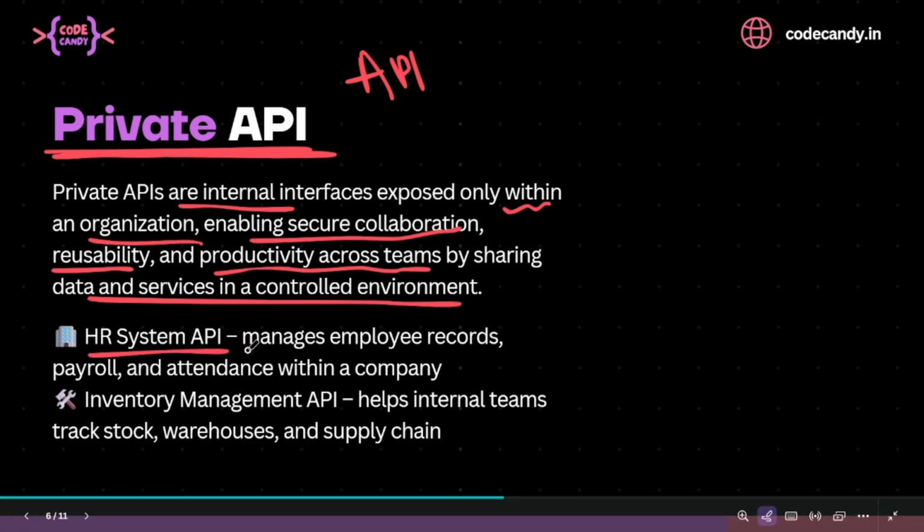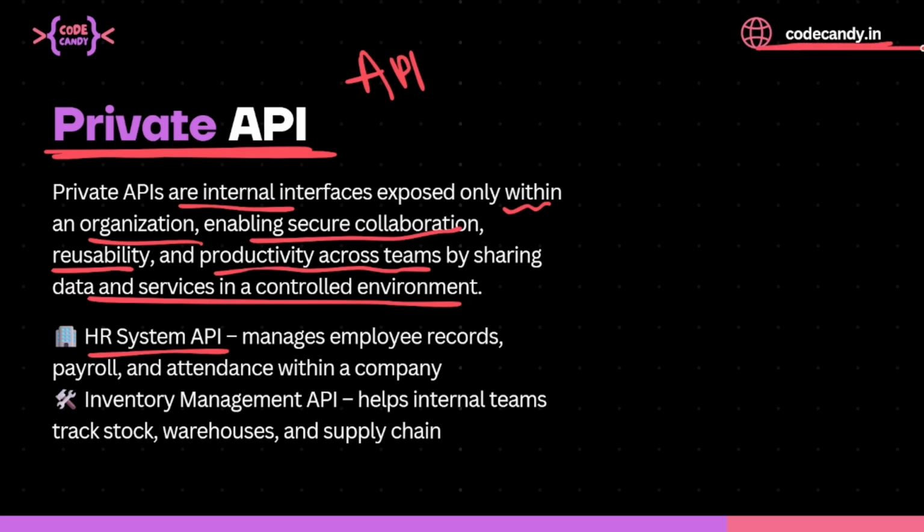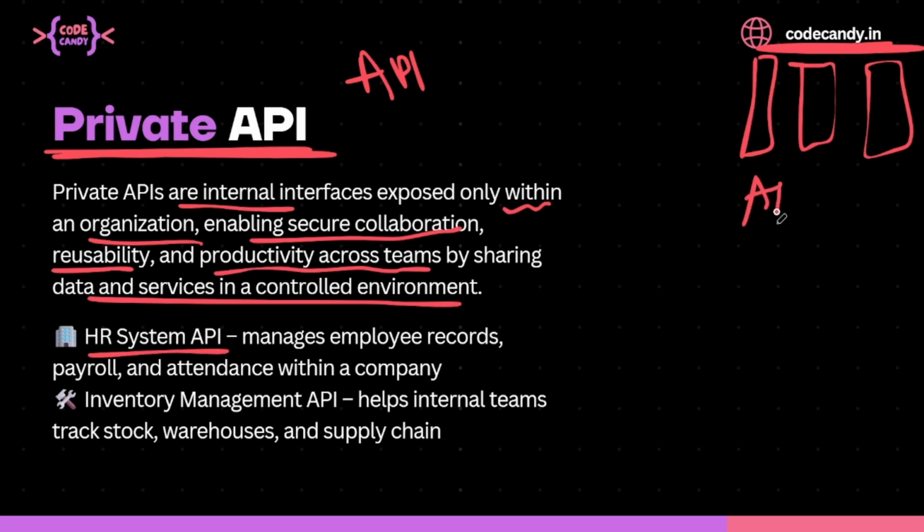The best example is HR API. For Code Candy company, I will have separate employees, separate payroll, and my own attendance system. All these things I will maintain in an API. Whenever I swipe in, my employee ID, the date, the day, entry, exit, all these things I will maintain as a record.